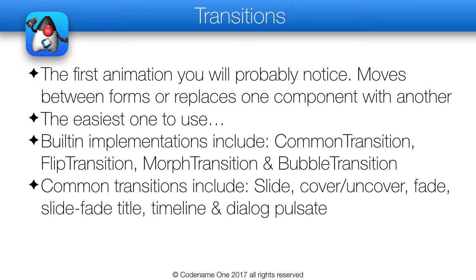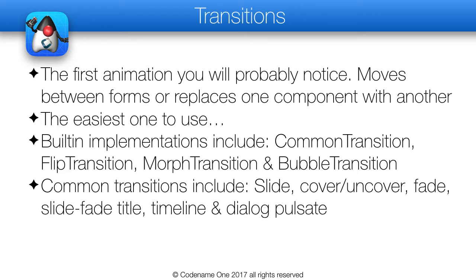For the most part, we use common transition for almost all transitions. I mentioned slide, fade, cover, etc. Slide is the default transition in Codename One, except for iOS where the transition is slide fade by default.